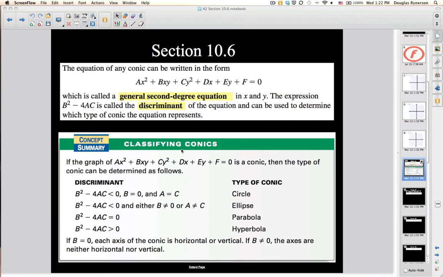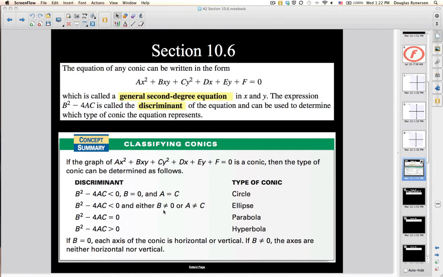And we can determine which type of conic it is by evaluating the discriminant. So if we take b squared minus 4ac, we can compare it to these rules. If it's less than 0, it's either a circle or an ellipse. And we can then look deeper and see if b is 0 and a is equal to c, then it's a circle.